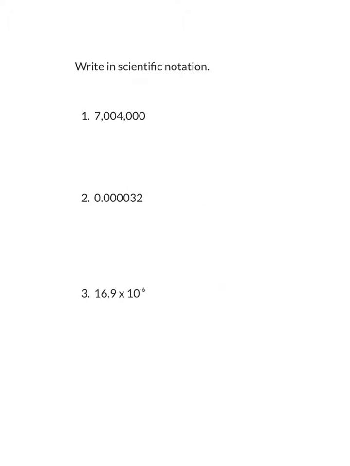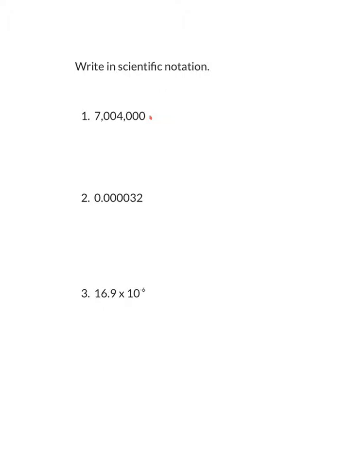Here are three examples we're going to write in scientific notation. When we think of scientific notation, we first need to know where the decimal point is. In our first example, the decimal point is after the 0 here. So there's our decimal point. The other thing we need to know is that when we write in scientific notation, we need a number between 1 and 10.